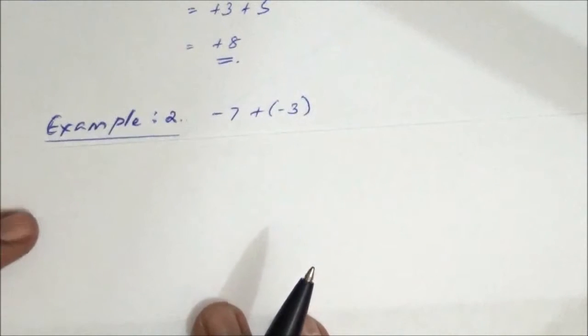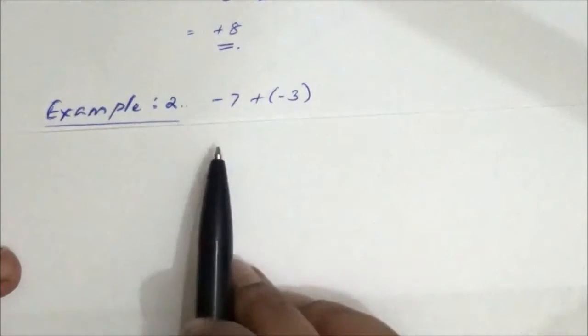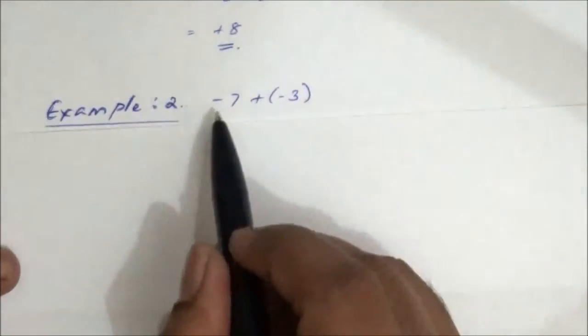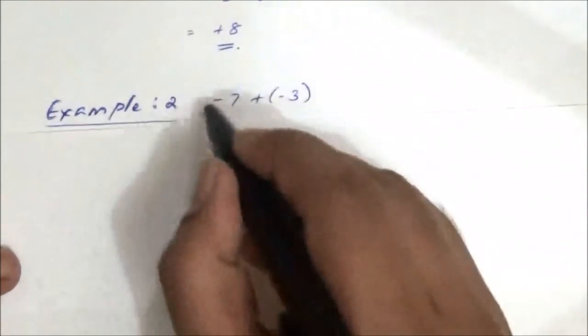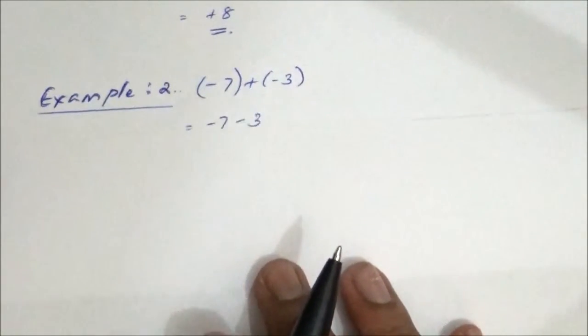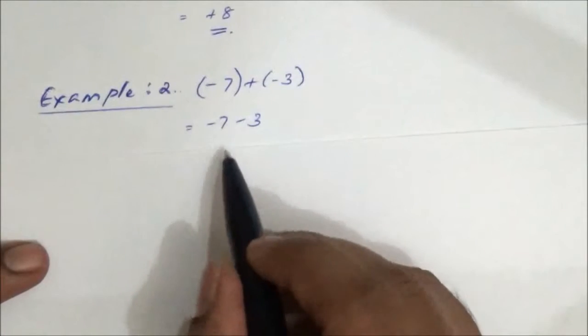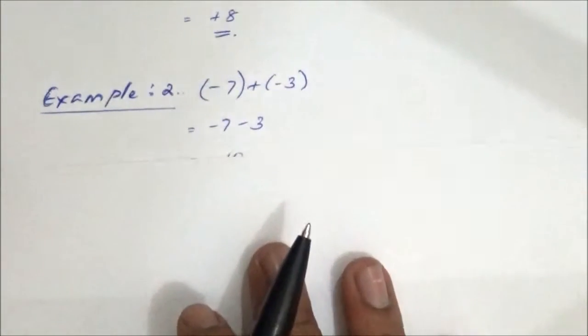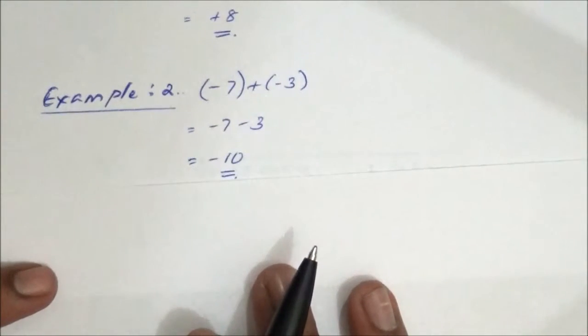I can take another example here, the second example. Both are negative figures, the same sign. See that -7 and -3, both contain a negative sign. We can add those too: -7 and -3 together make -10, right?